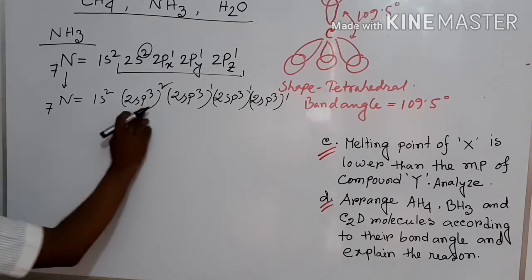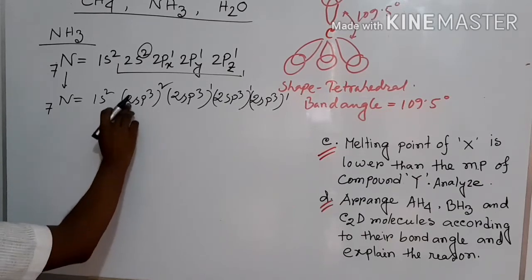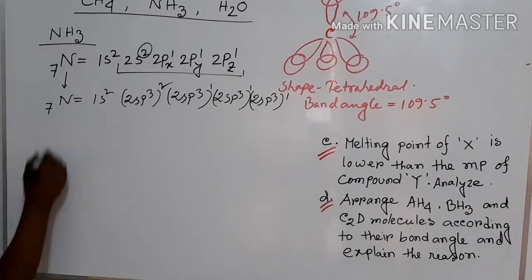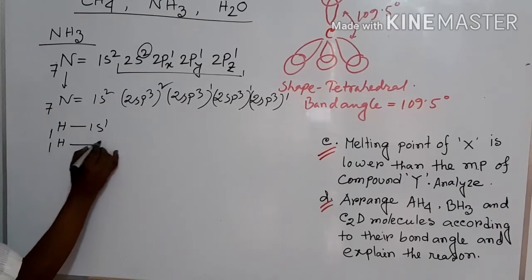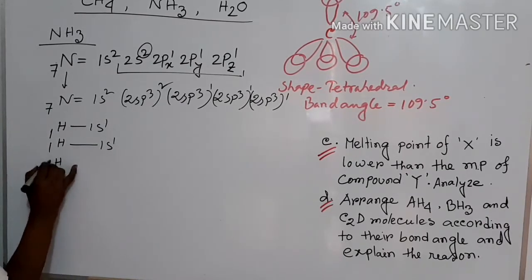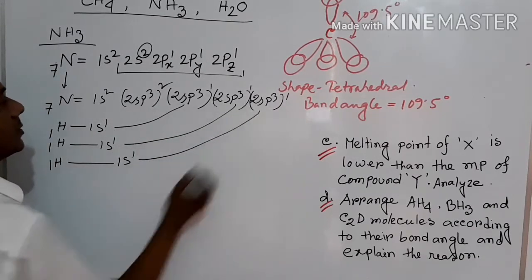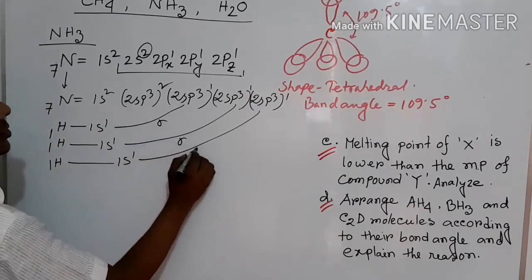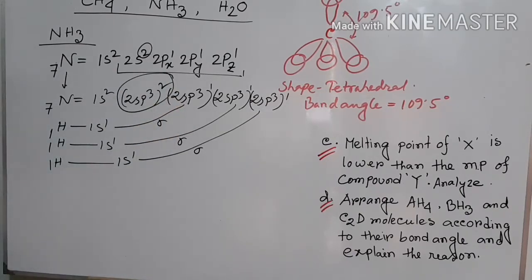This 2sp3 hybrid orbital contains one lone pair of electrons. The other three overlap with 1s1 of hydrogen, and bond formation occurs, and this one is a sigma bond. This one is the lone pair of electrons.